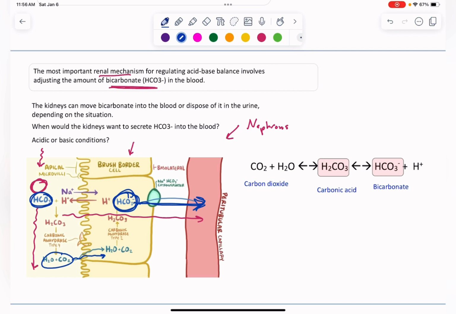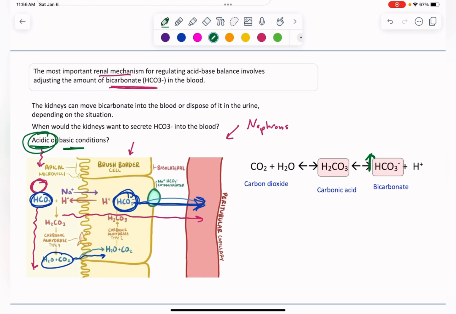And what's a situation that the kidneys would do that in? Would they do that during acidic or basic conditions? When would the kidneys take bicarbonate and increase the level of bicarbonate in the blood? Well, the answer to that is during acidic conditions.